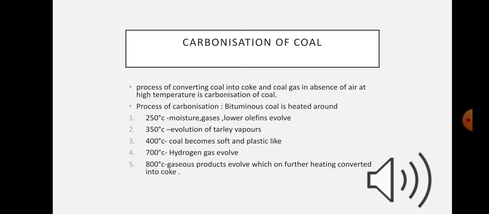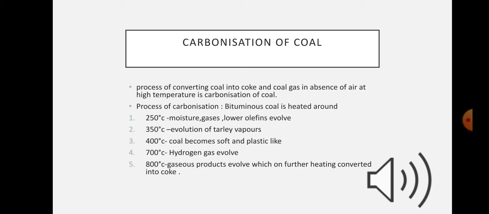So how does the process of carbonization take place? At 250 degrees Celsius, the moisture and gases like lower olefins will evolve, and at 350 degrees Celsius, evolution of tarry vapors, and at 400 degrees Celsius, the coal becomes soft and plastic-like, and at 700 degrees Celsius, hydrogen gas will evolve.